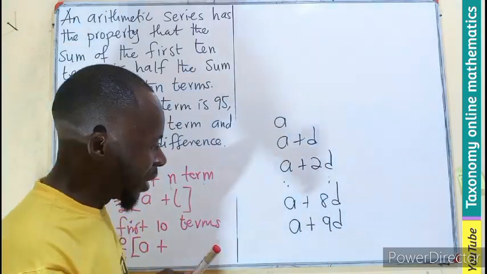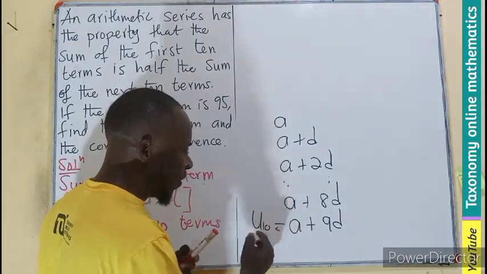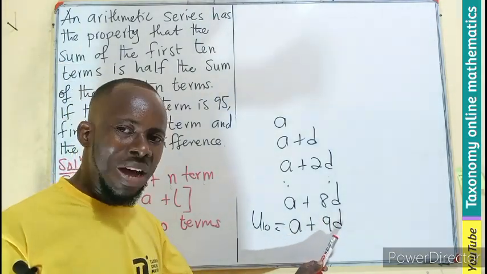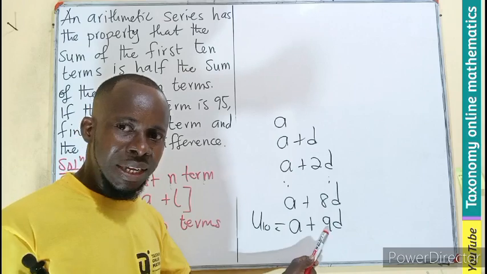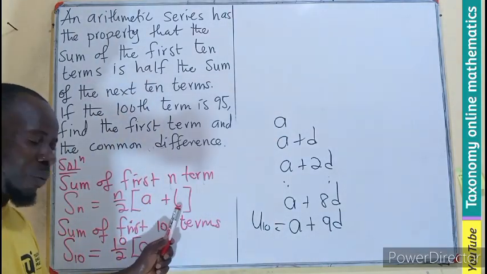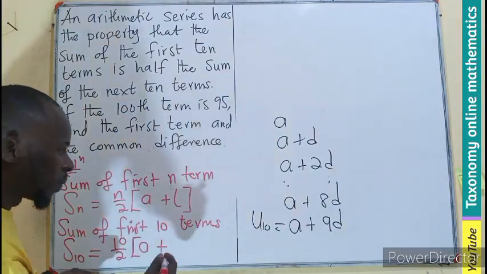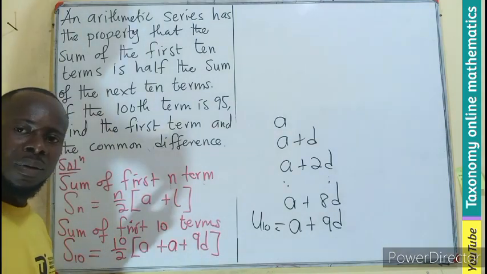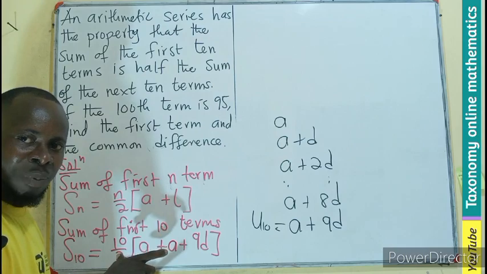You agree with me? Our 10th term is this, because n minus 1 times d will be 9. So the last term, l, will be a plus 9d. I believe you grasp this aspect.